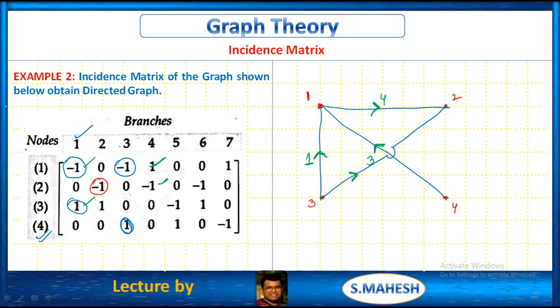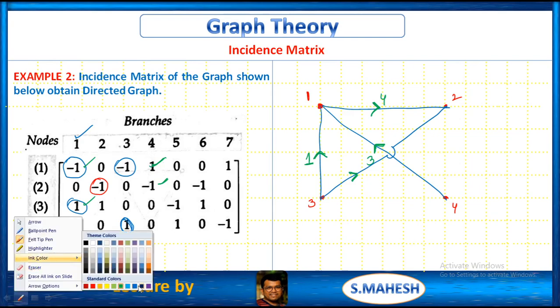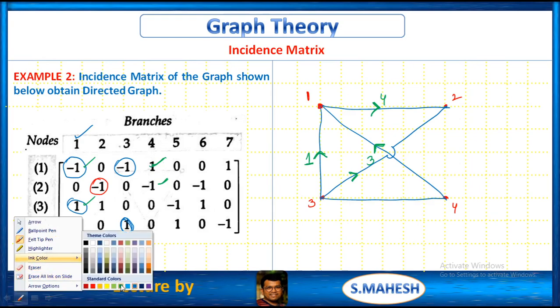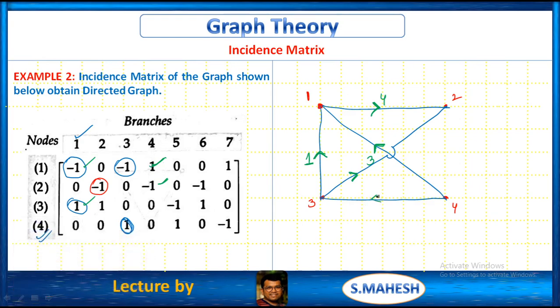Clear. Like that, branch 5, nodes 3, 4. It is towards node 3, away from node 4. 3 and 4. Clear. Okay. 3 is minus 1 and 4 is plus 1. 3 minus 1 means what? Towards. 4 is plus means what? Away from this node.